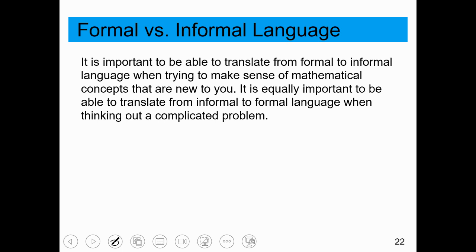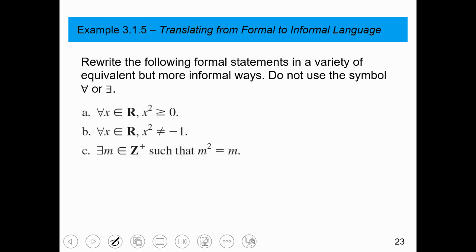It's very important that we can translate formal and informal language with symbols, just informal sentences, mathematical symbols and statements. And so that's what this section is about. It says rewrite the formal statements in a variety of equivalent but more informal ways.